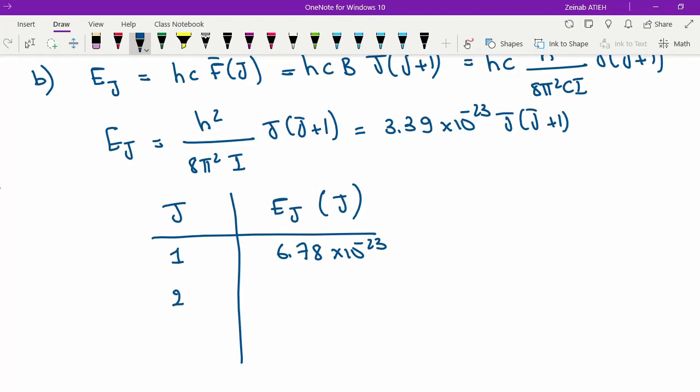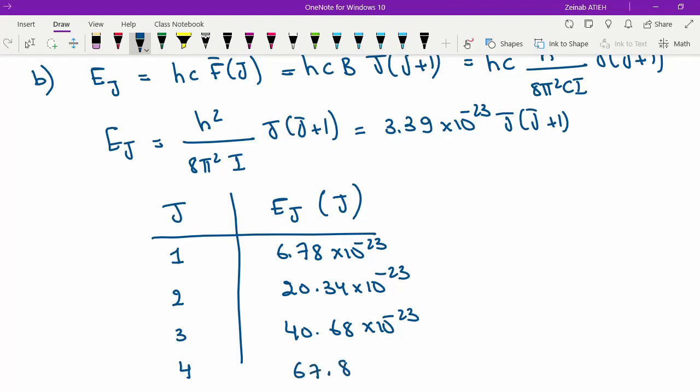For 2, I found it 20.34 times 10 to the power minus 23. For 3, I found it 40.68 times 10 to the power minus 23. And for level 4, it was found to be 67.8 times 10 to the power minus 23.